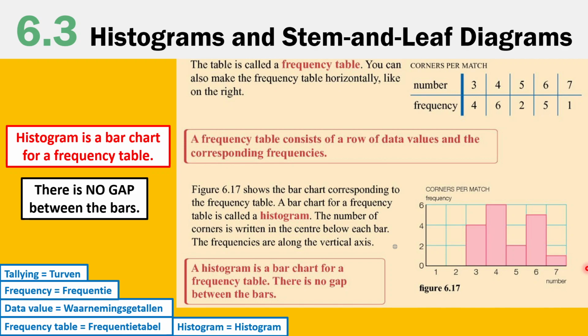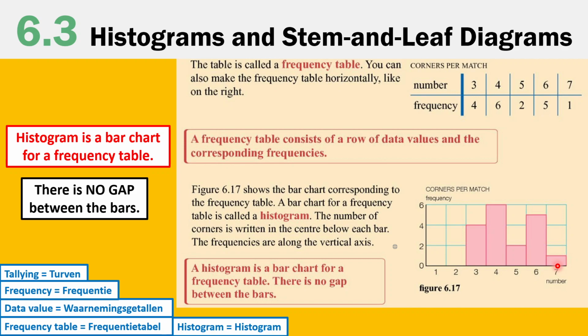Well, you again set up your diagram. We have a vertical axis, we have a horizontal axis right here. Again, give it the title, write down what the axes do. And this looks a lot like a bar chart, which we discussed in 6.2. Only a histogram is a bar chart for a frequency table.